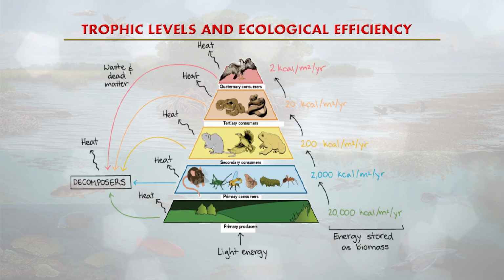As can be seen in this diagram, there are various trophic levels, and at the stage of, suppose, the primary producers, if it is 20,000 kilocalories, by the time it goes to primary consumers, it gets reduced to 2,000, and then we have secondary consumers. But as we move up in this food chain or web, it keeps getting reduced. So this is how we describe the ecological efficiency.